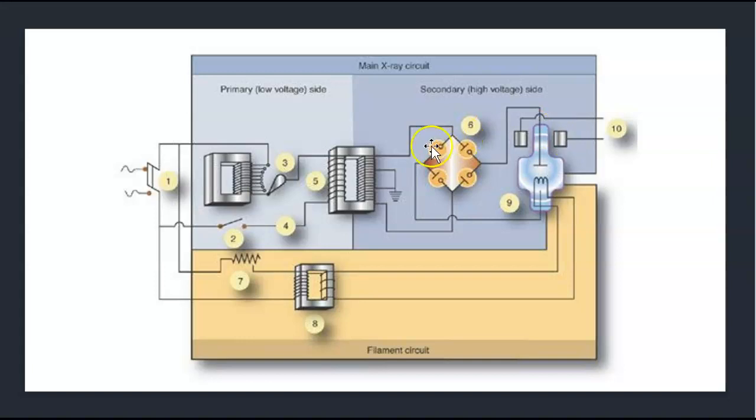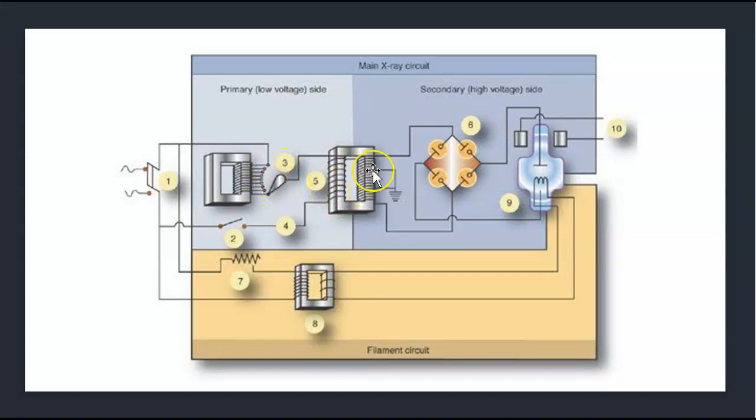Here, you should be able to label this. So here we've got our incoming power source, and number 2, it's kind of a weird spot. This is our low voltage side, this is our secondary side, which is high voltage, and this is our filament circuit. So this is our switch. It's a circuit breaker, so don't be thrown off by that. This is our kVp meter, our kVp selector.